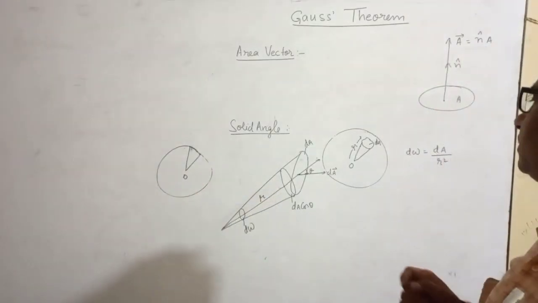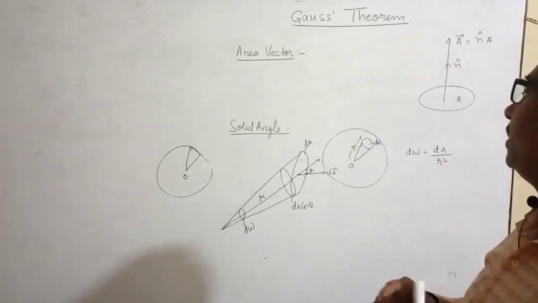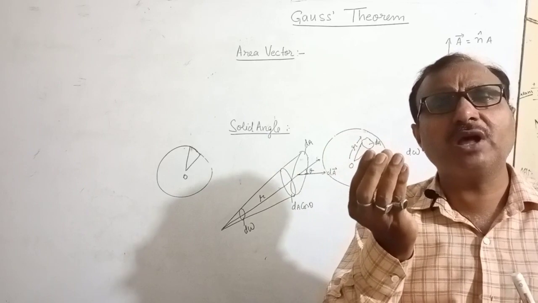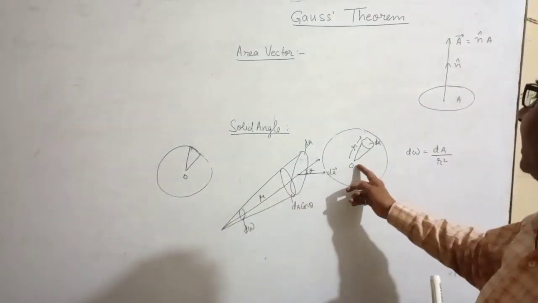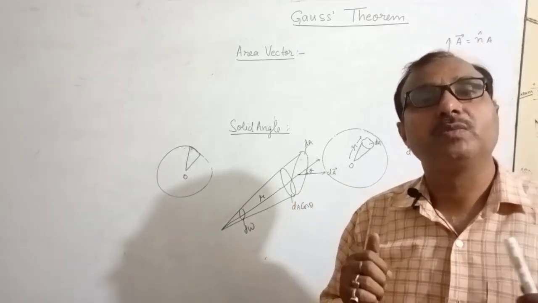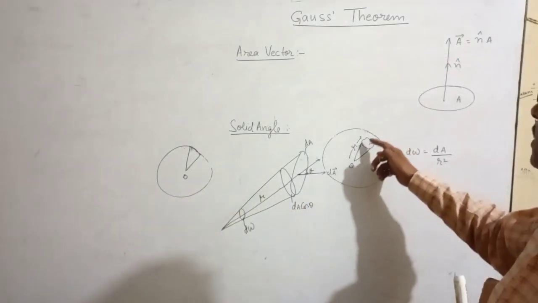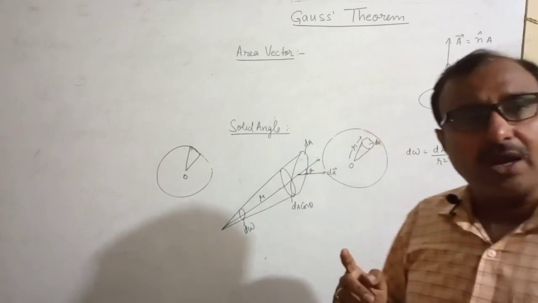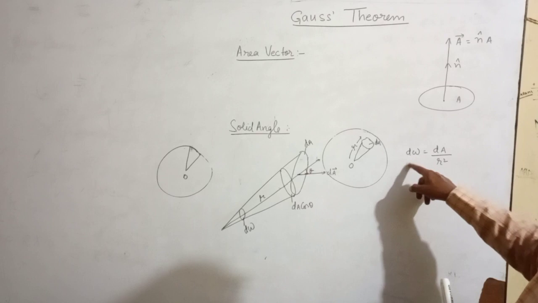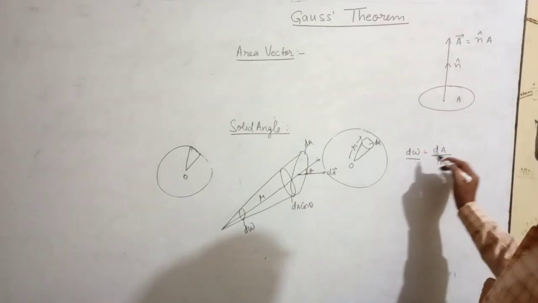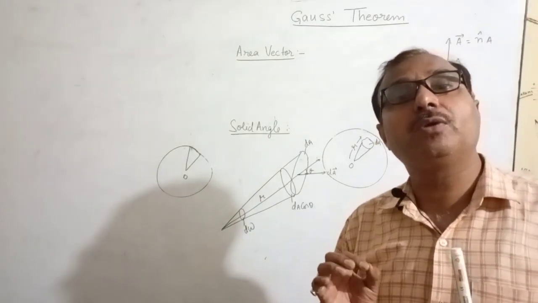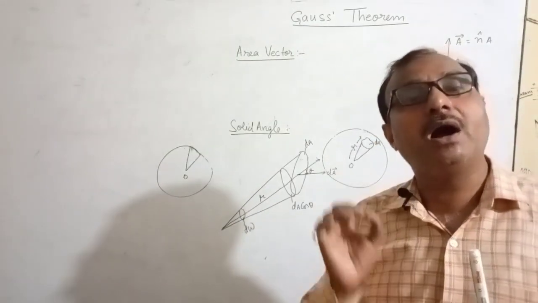It is represented by d omega. d omega equals dA upon r square.